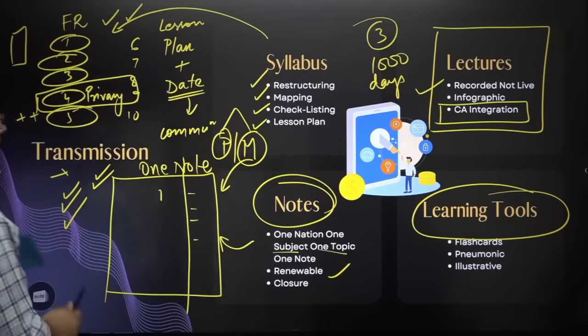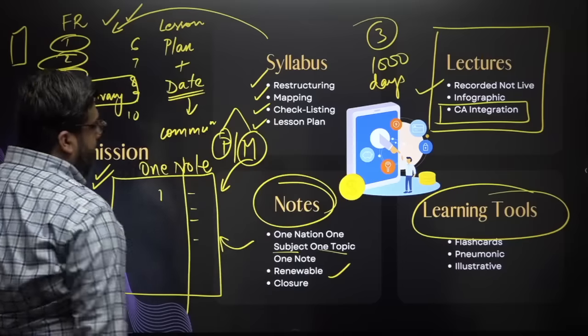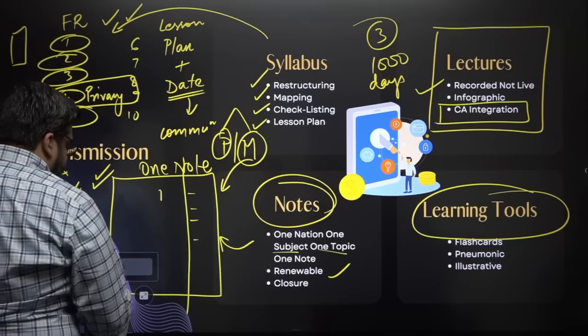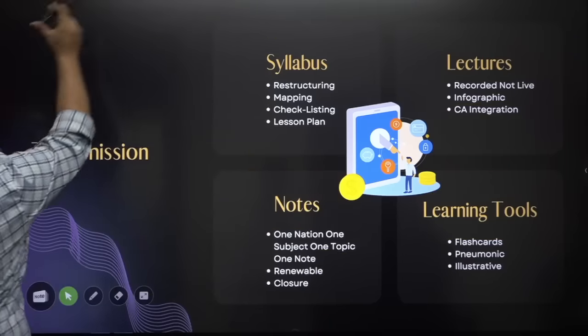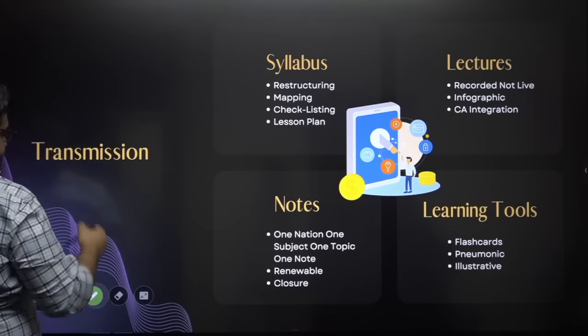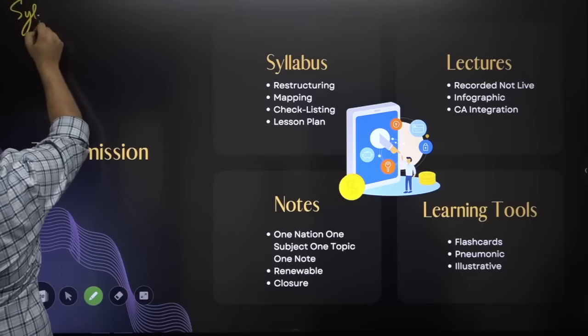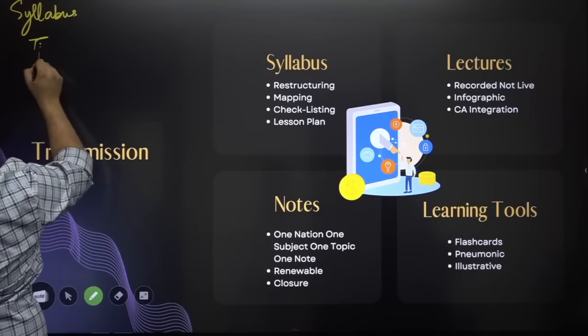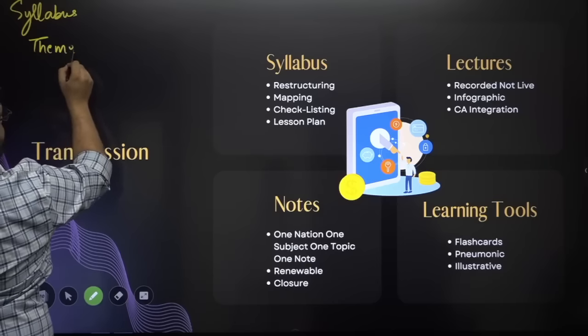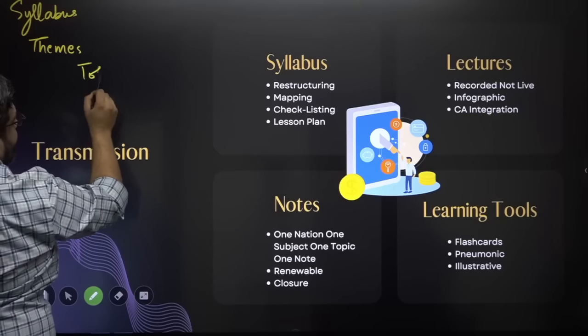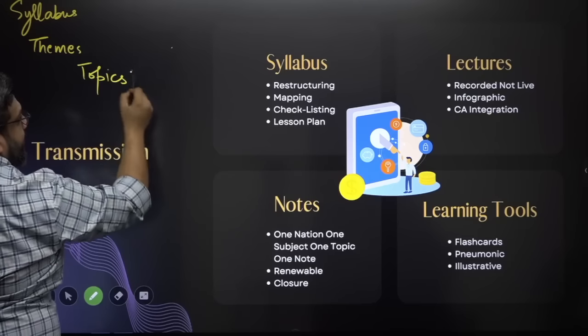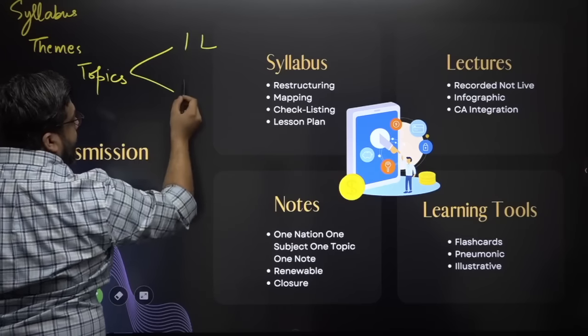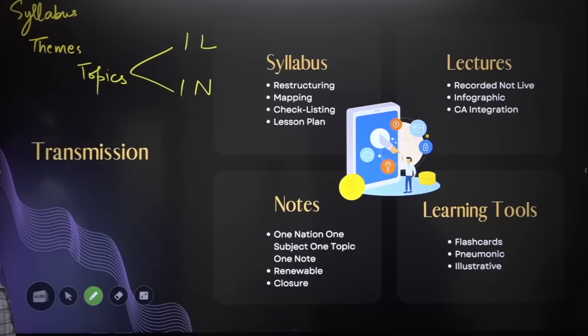So this is how the transmission of knowledge would be given to you. To put it very simply, there is going to be a syllabus in which you are going to have certain themes. These themes are going to be divided into topics. There's going to be one lecture and one note for this topic.